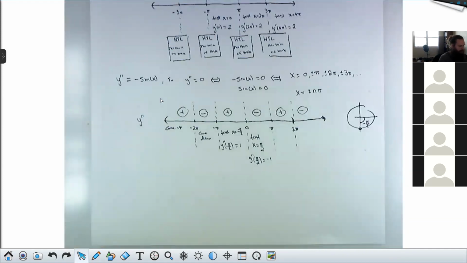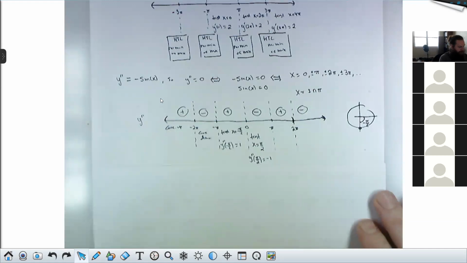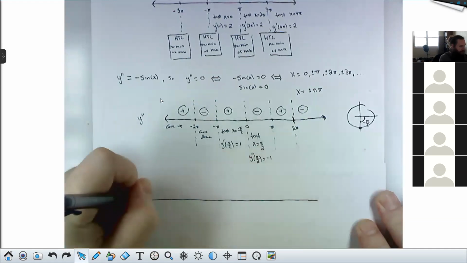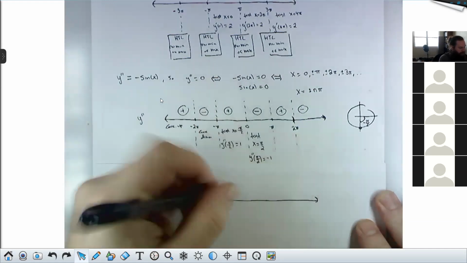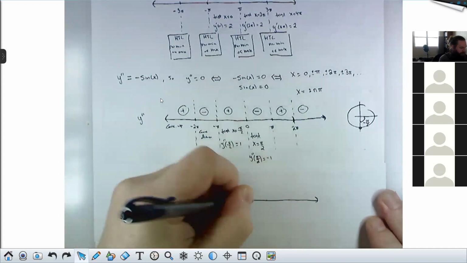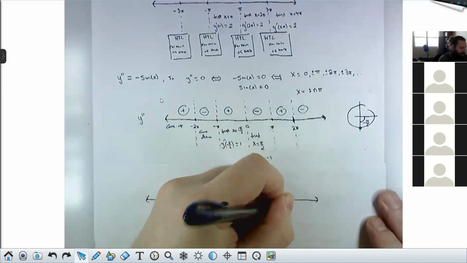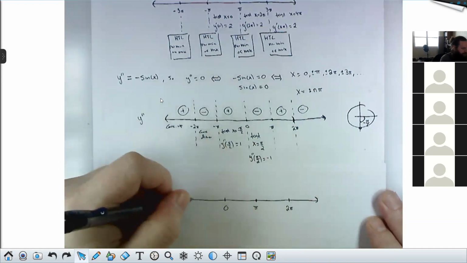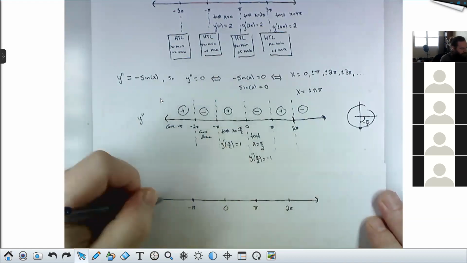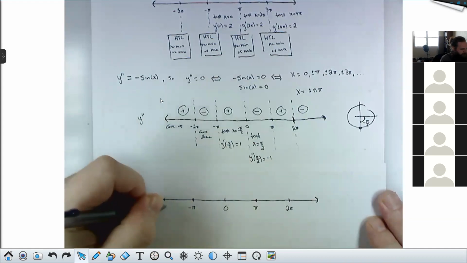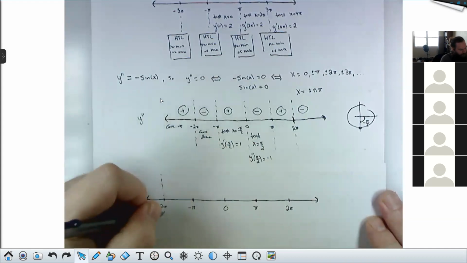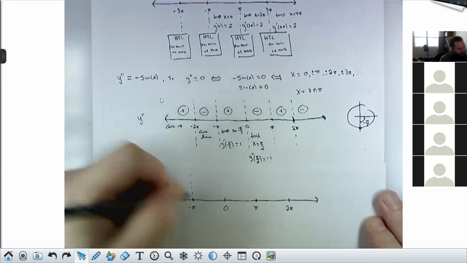All right. So the shape of f, I'm not going to do the whole mess here. We're just going to do a little bit. I'm going to put 0 here, pi here, 2 pi here, negative pi here, negative 2 pi here. And I'm just going to look from like negative 2 pi to positive 2 pi.